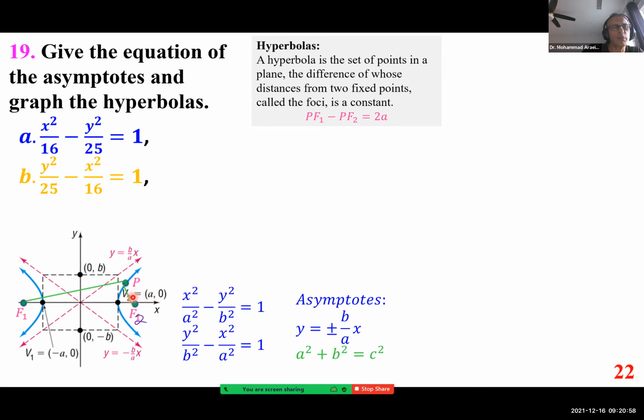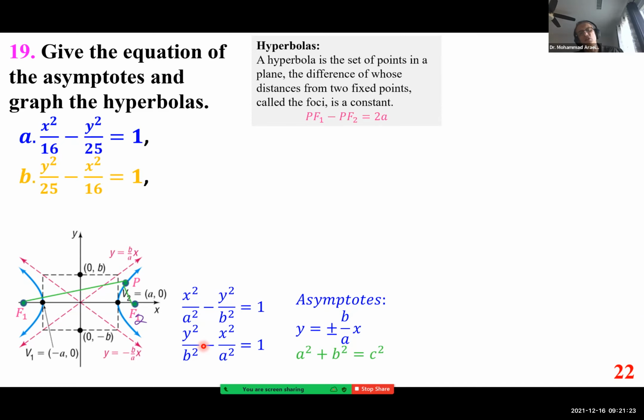When you look at the hyperbola, it depends whether it opens sideways or up and down. If it opens sideways, it has the formula x squared over a squared minus y squared over b squared equals 1, where this distance is a and this distance is b. Now, if it opens up and down, I like to keep the b under the y.